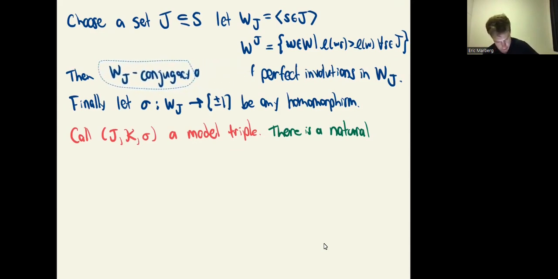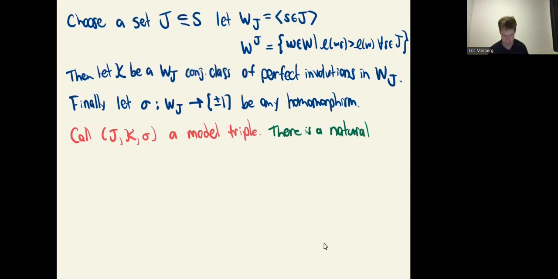Let K be a W_J conjugacy class of perfect involutions in W_J. So instead of choosing a perfect conjugacy class in W, we first choose a parabolic subgroup and find a conjugacy class there. And then we choose any homomorphism.